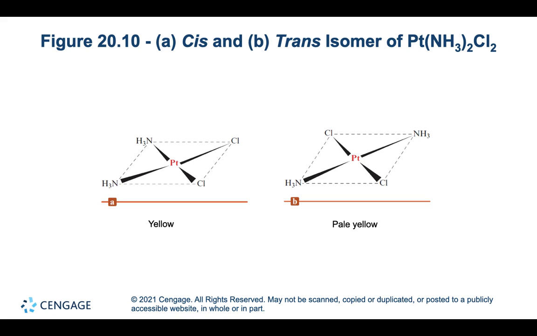If you put your ammonias and your chlorides where the same ones are next to each other, that would be called cis. And that is actually a darker yellow color than if you put your chlorides across the square planar arrangement from each other and your ammonias across, which would be called trans. That's actually more pale yellow. So it has different properties because it has different spatial arrangement of the bonds.